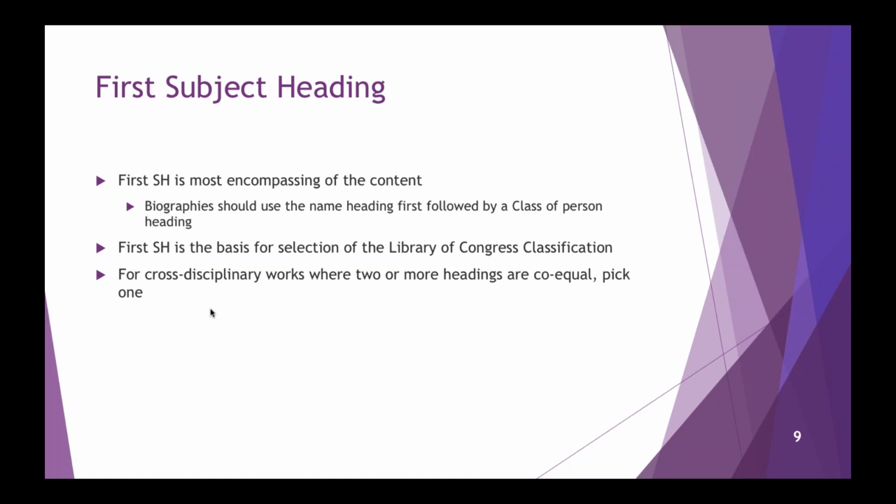And then for anything that is cross-disciplinary, where you have 2 or more subject headings and they're co-equal, you just end up having to pick one. So you have that power. You have to decide which one it's going to be.